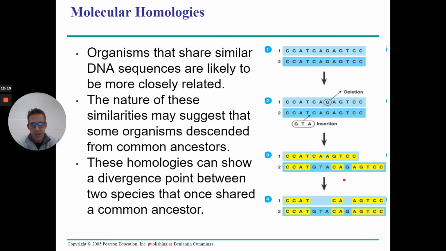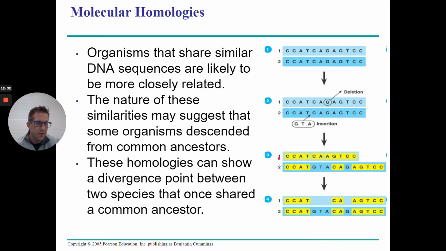But what researchers can do is, with their new fancy computers, they can still align all of these previous DNA sequences to tell if two things are related, or to tell if they had some common DNA in ancestors long ago.